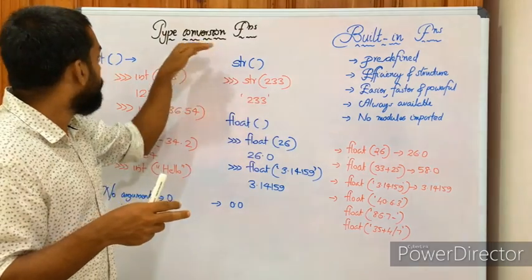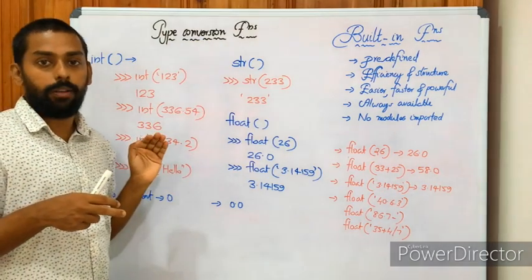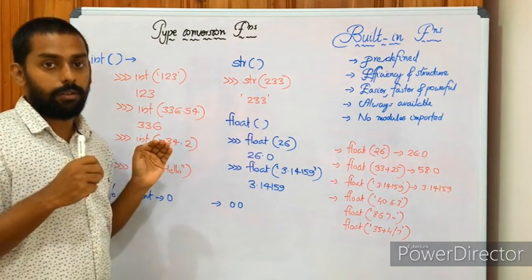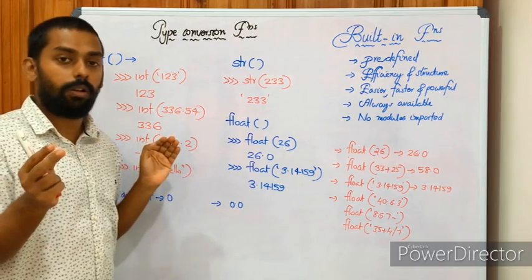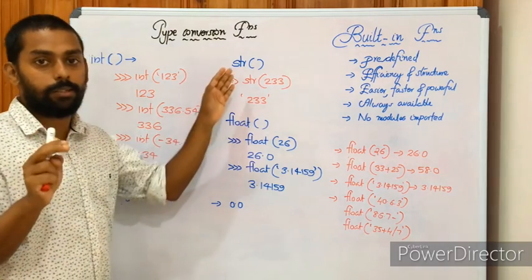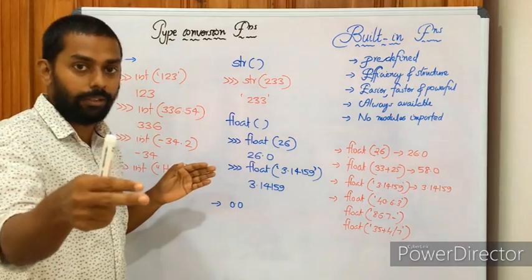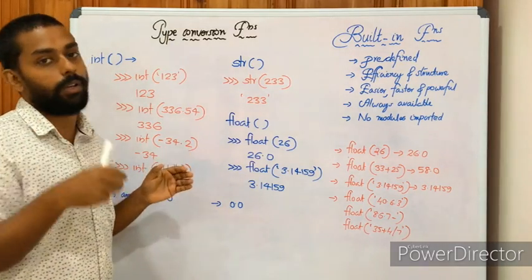And we have int, str and float as type conversion functions. Int is used to convert any value to integer type, str converts to string type, and float converts to floating type.